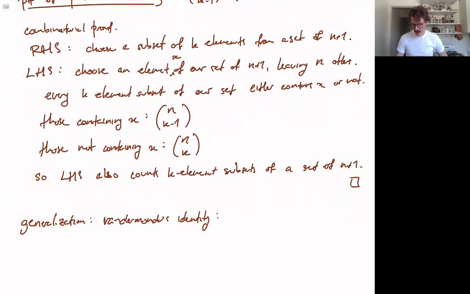And it says that m plus n choose r is equal to the sum from k equals 0 to r of m choose r minus k, times n choose k.